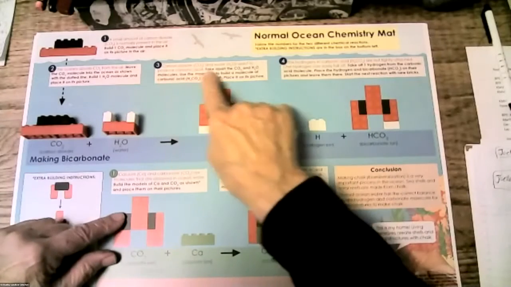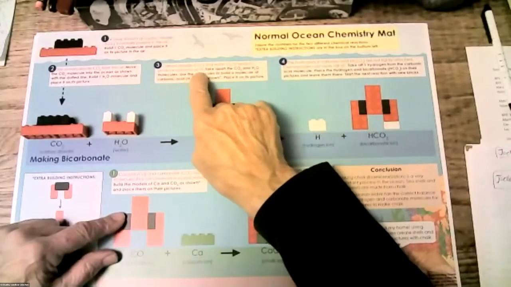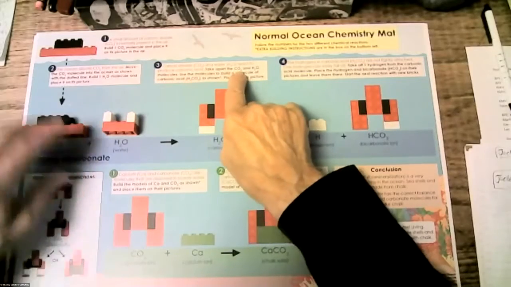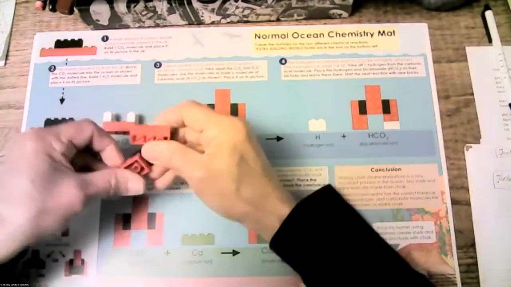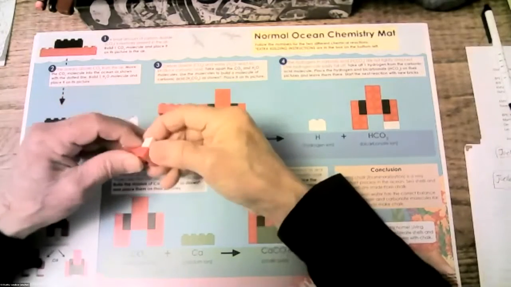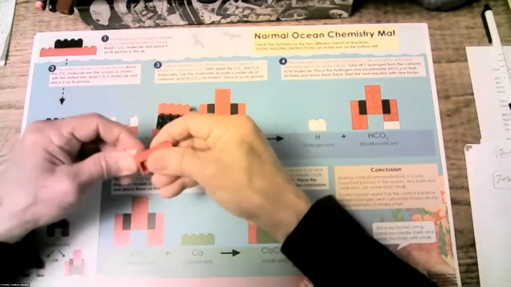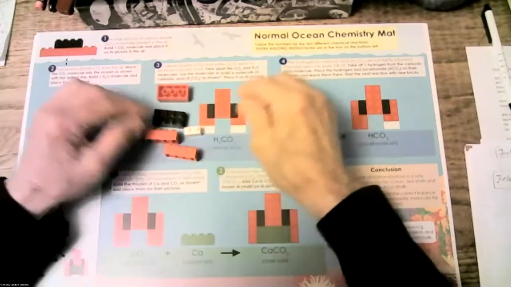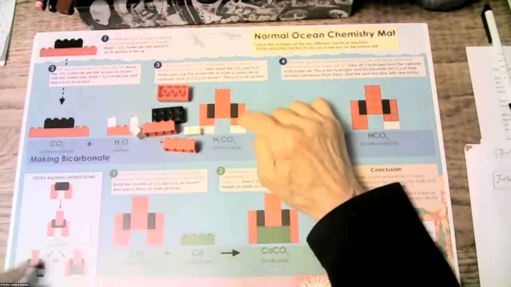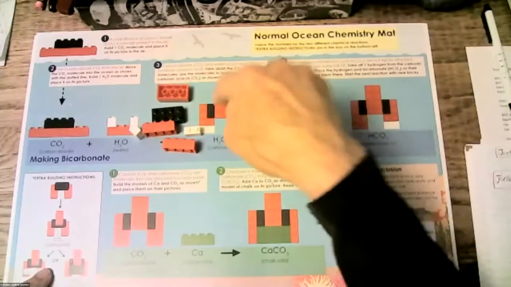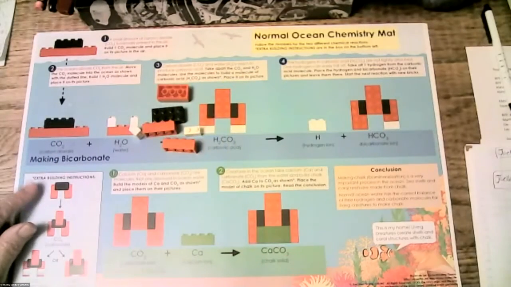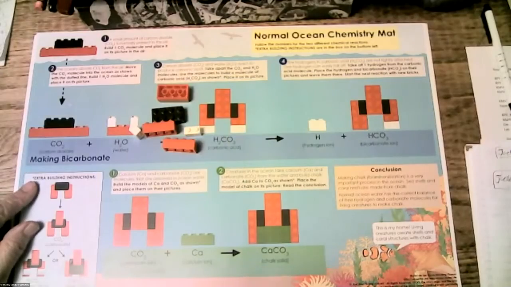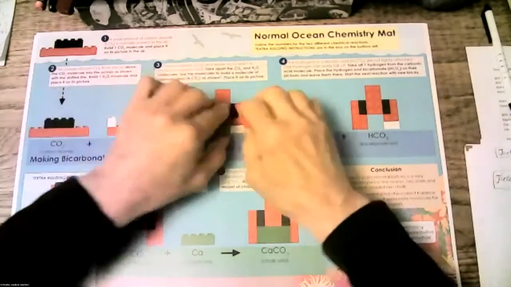So carbon dioxide and water react to produce carbonic acid. So take apart the CO2 and the water molecule and use the molecules to build one molecule of carbonic acid as shown and place it on its picture. And if you have trouble building this, you can actually see it's a top-down view. You can go to the small lower left-hand pictures and you get some help there.